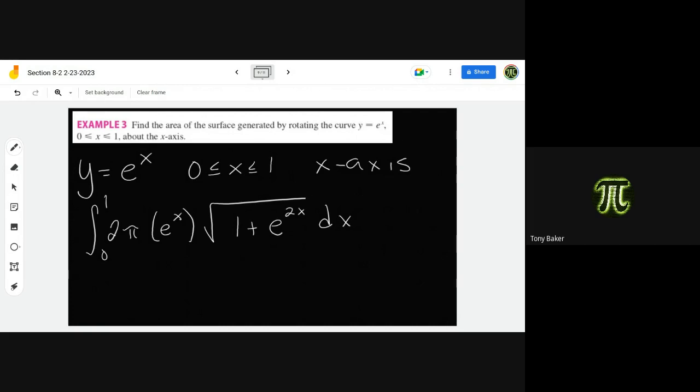And if I did u substitution, u is 1 plus e to the 2x, and du is 2e to the 2x. And I only have an e to the x on the outside, not an e to the 2x. So even u substitution doesn't work.